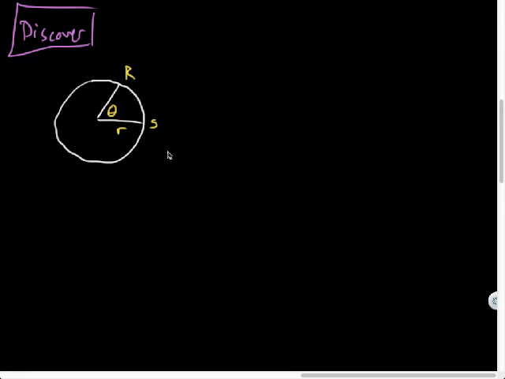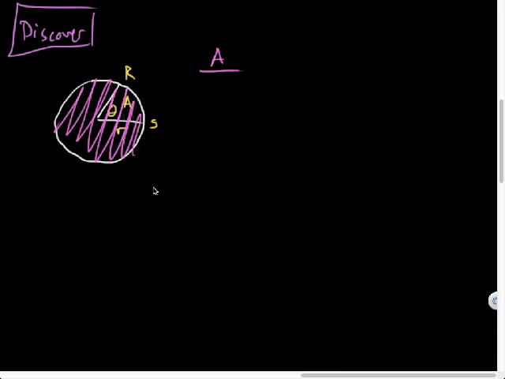If I want to set up a proportion to calculate the area of this section, I'll call it A. So theta is the angle, A is the area. We could write a little proportion. A over, comparing the area of this slice to the area of the whole circle.